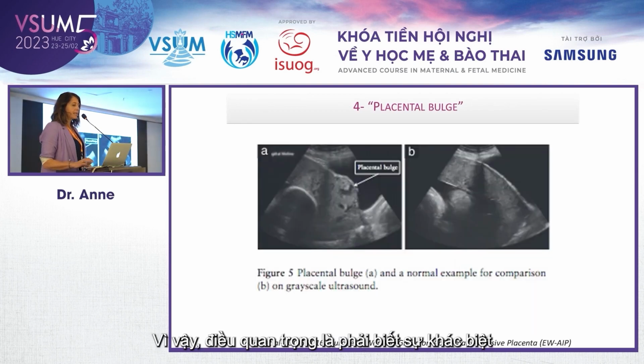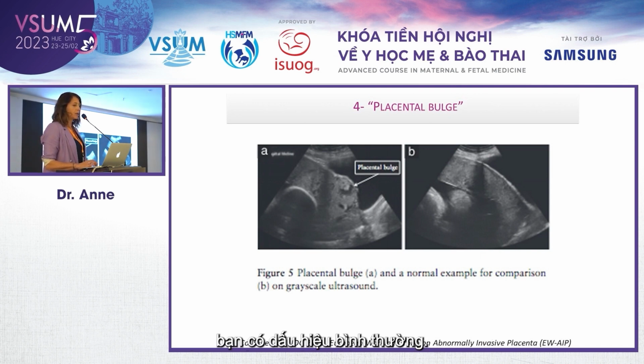So it is important to know the difference from a low-lying placenta. Here on the right you have a normal pattern. You can see that the morphology is quite regular. You have here harmonious echogenicity, and here you have this bulging aspect with all those lacunae.